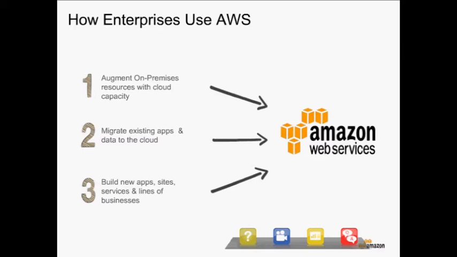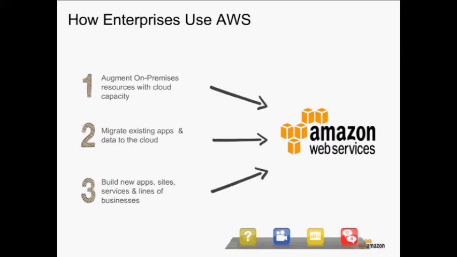The second use case we see is migrating existing apps to the cloud, just as a strategic decision the customer makes in order to gain greater agility, to reap the cost savings that come with it, and many other benefits we discussed throughout these presentations.